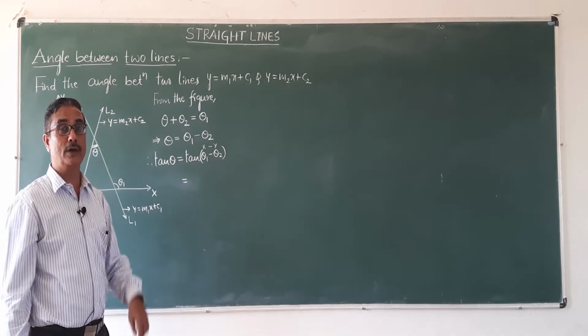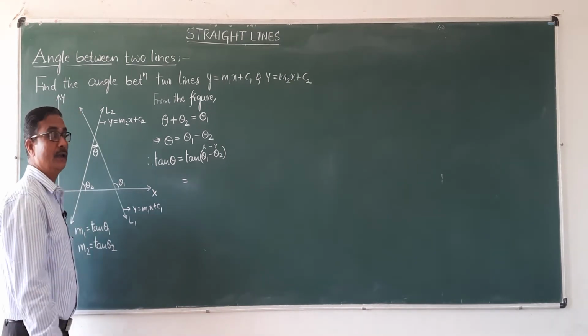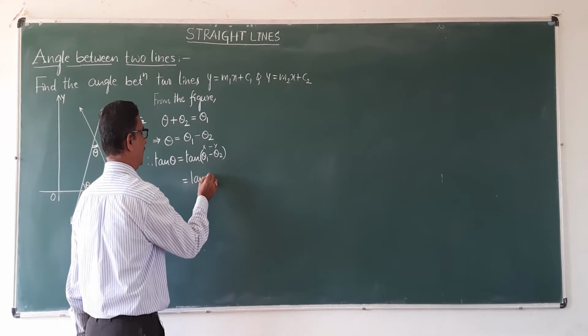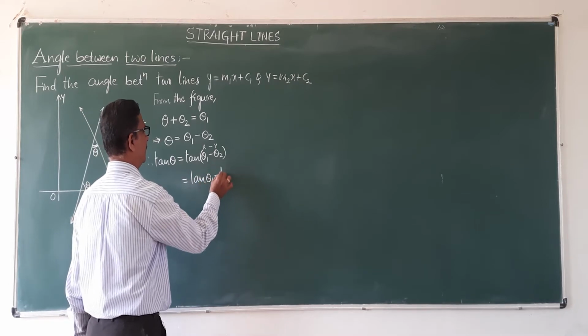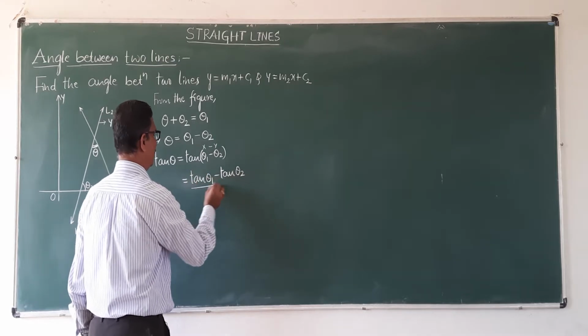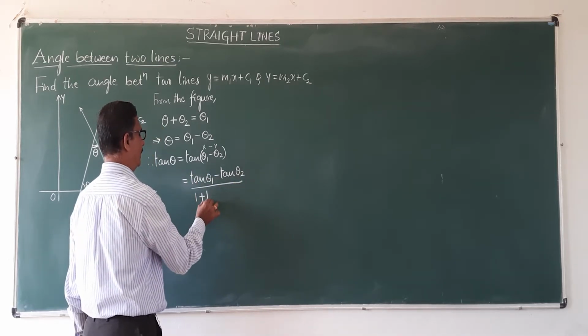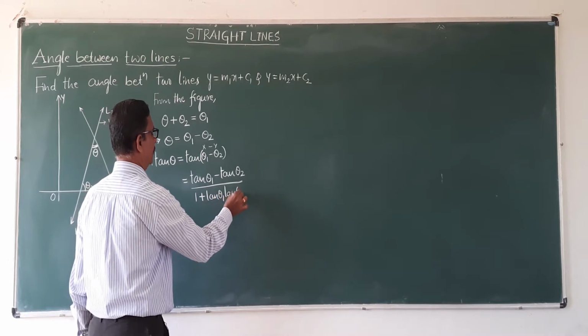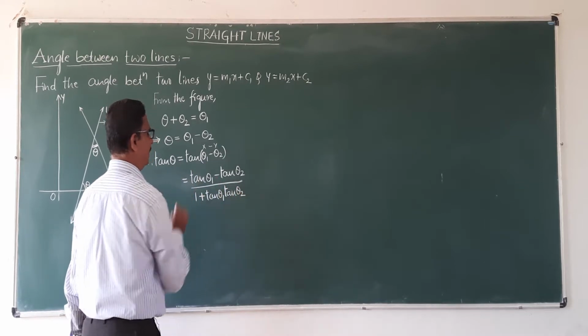You know the formula for compound angle, tan of x minus y is equal to tan x, that is theta 1, minus tan y, that is theta 2, divided by 1 plus tan x, theta 1, into tan y, theta 2.